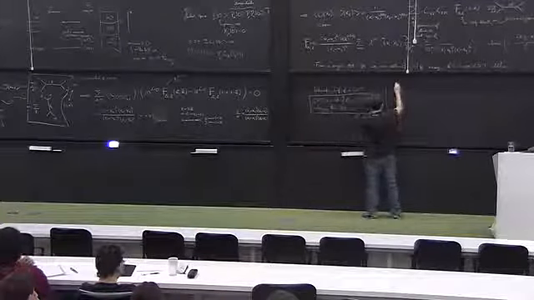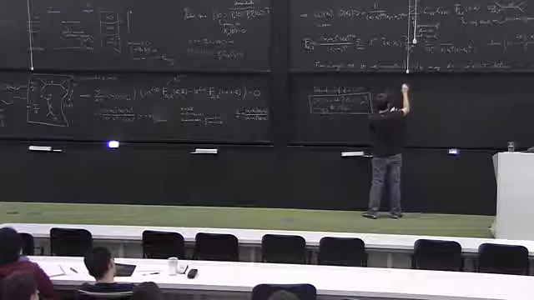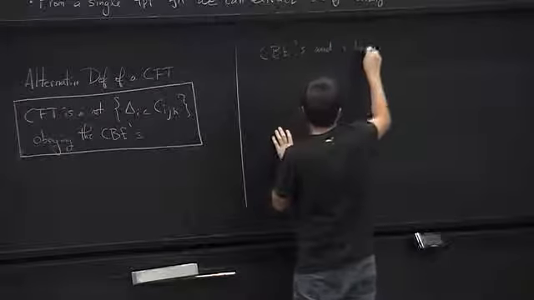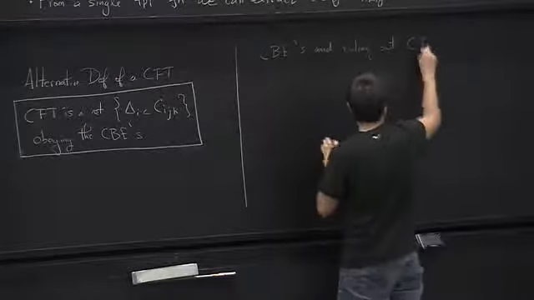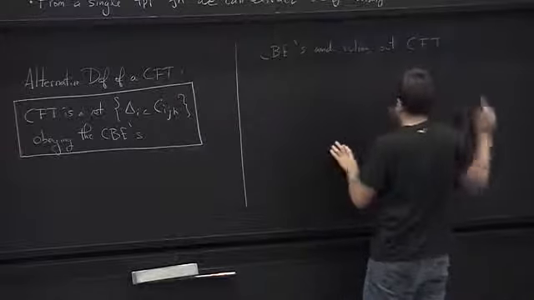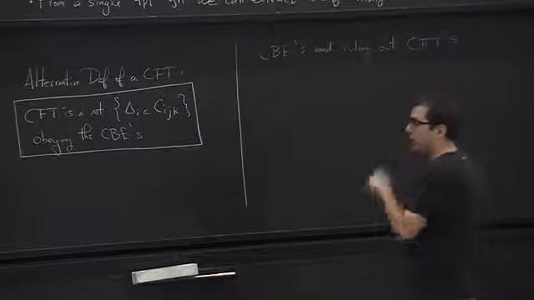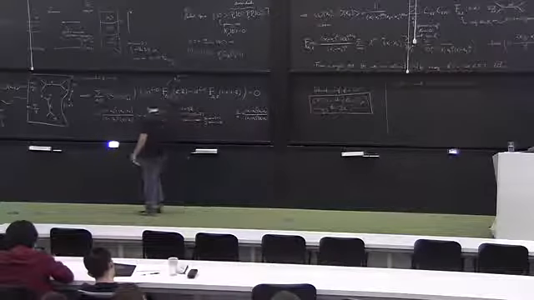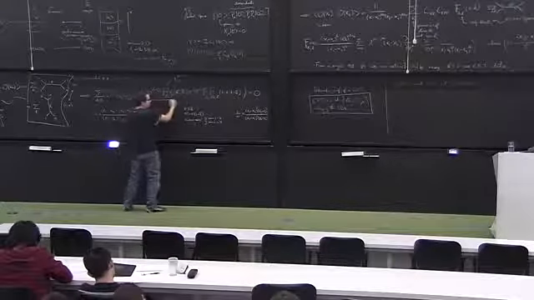So let me tell you a bit about these developments. Conformal bootstrap equations and ruling out conformal field theories. Now the point is the following. Let me define this known function.